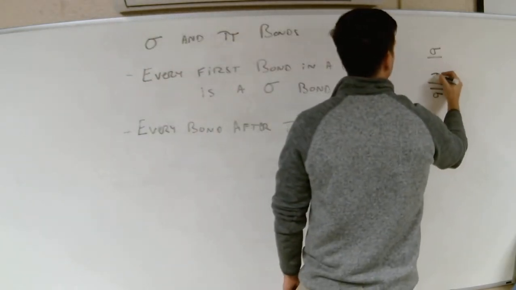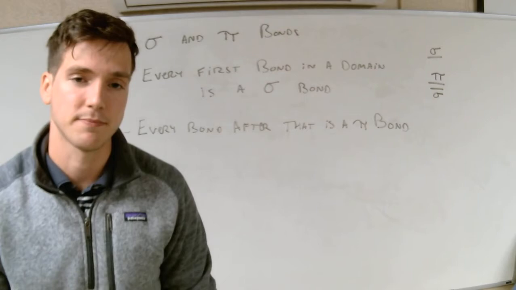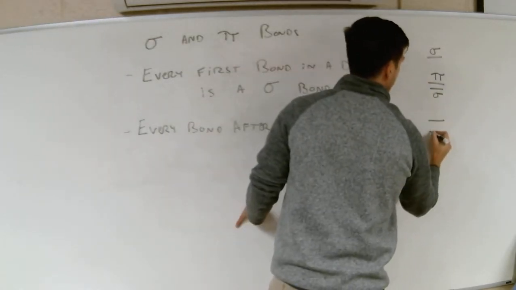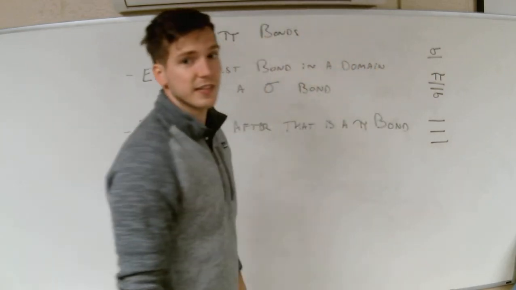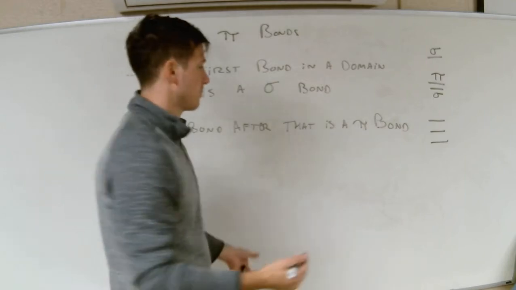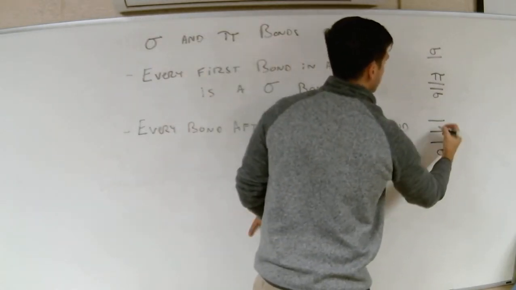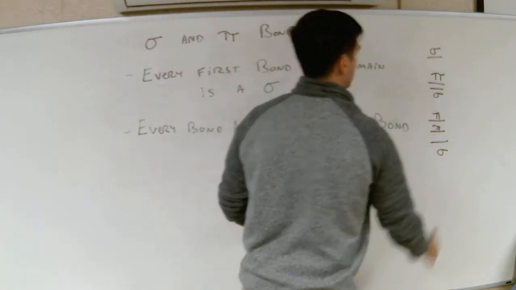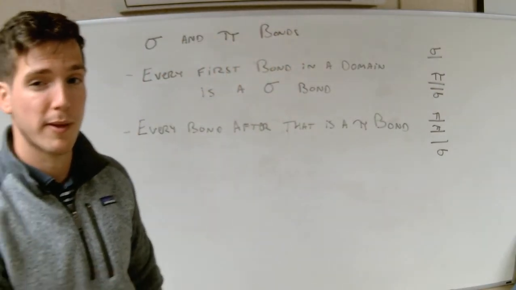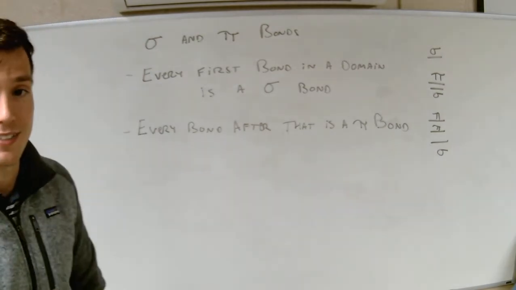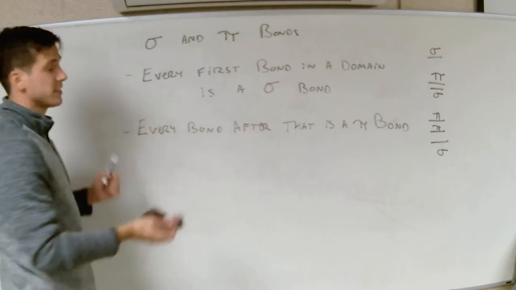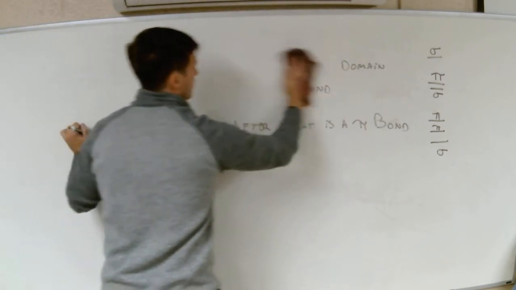So we'll call that top one the pi bond. Triple bonds, right? Again, it doesn't matter which one you call the sigma bond. Just know that only one of them could be a sigma bond. So that'll be sigma, and then that'll be pi. So 2 pi, 1 sigma in a triple bond, sigma pi for a double bond, and sigma for a single bond. So let's go ahead and look at some real world examples for this.